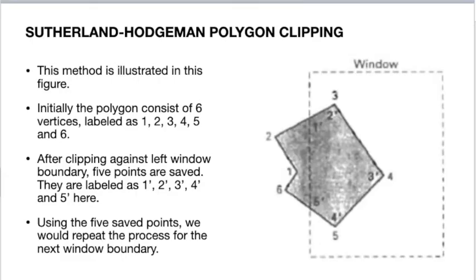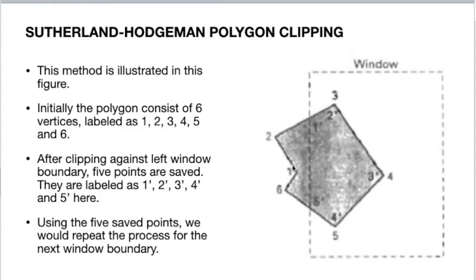The method that we have explained is illustrated in this figure. Initially the polygon consists of 6 vertices, labeled 1, 2, 3, 4, 5 and 6. We process each vertex of this polygon sequentially. First you take vertex 1 and vertex 2.